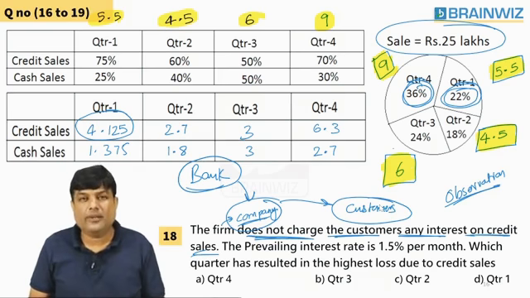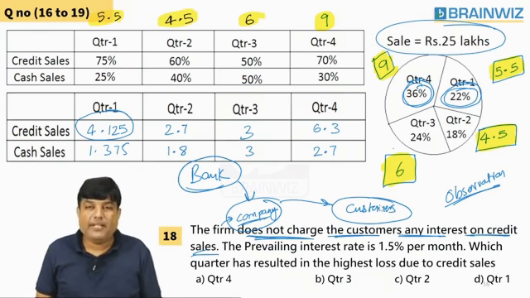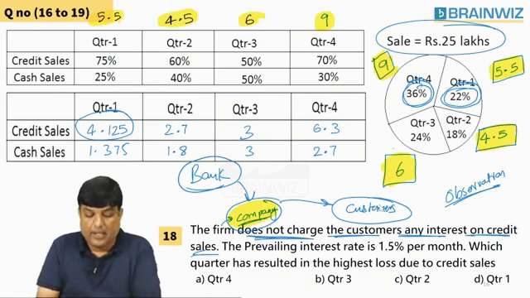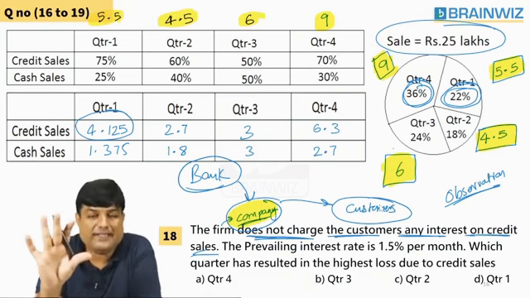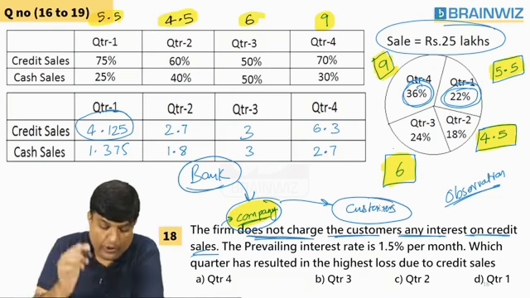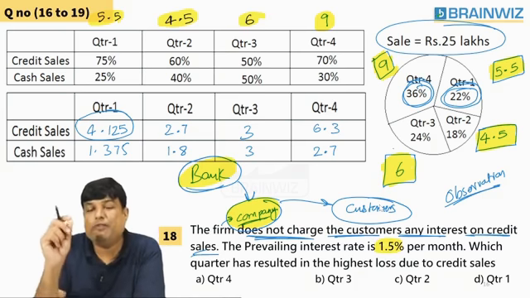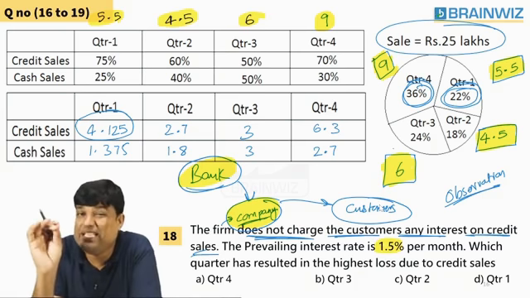Are you understanding, guys, what I mean to say? The firm means the company. The company is taking a loan from the bank, for example, and doing its business. Do you think the company has to pay something to the bank? Yes. How much percent? He told you, 1.5% every month they are supposed to pay in the form of interest.